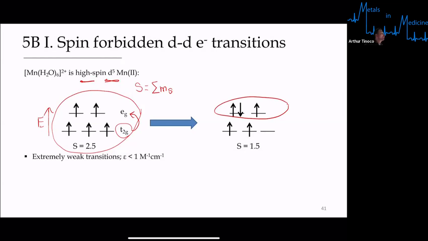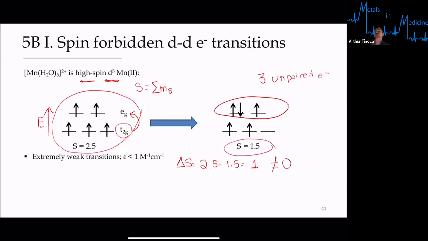So here we have a pair of electrons. Net effect, Javier, how many unpaired electrons do we have now? Now we have 3. All right, so we have 3 unpaired electrons. As a consequence, our spin now is 1.5. If we were to calculate delta S, we would go 2.5 minus 1.5, and we have a number that's 1, right? And so that number clearly is not 0, right?